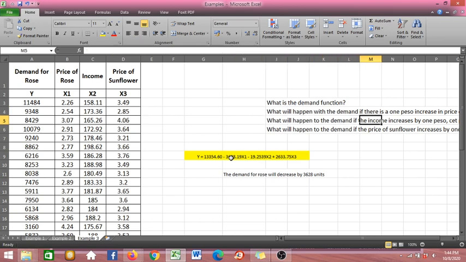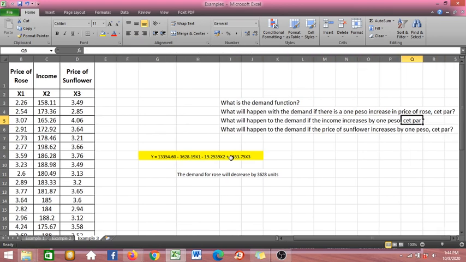And then, what will happen to the demand if the income increases by 1 peso? Here, as we said earlier, it's okay that we no longer interpret it since the coefficient that came out is non-significant, but we can still answer this question.